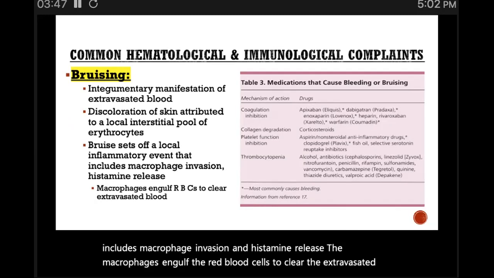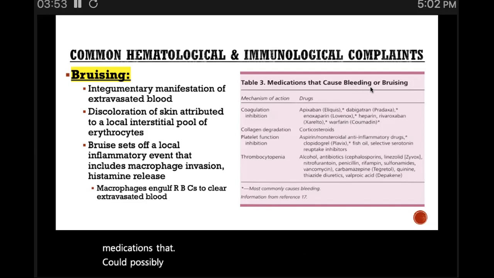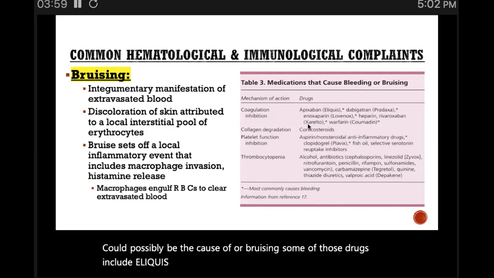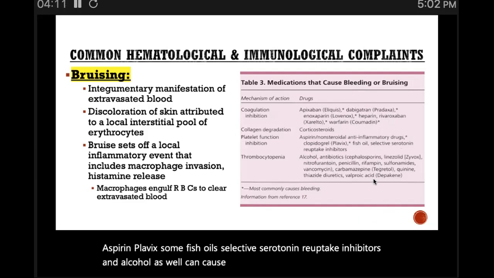Look here at this table. I listed this table just to remind you of medications that could possibly be the cause of bleeding or bruising. Some of those drugs include Eliquis, Pradaxa, Lovenox, heparin, Xarelto, Coumadin, aspirin, Plavix, some fish oils, selective serotonin reuptake inhibitors, and alcohol as well can cause thrombocytopenia.